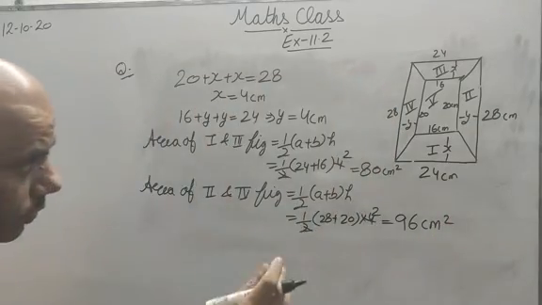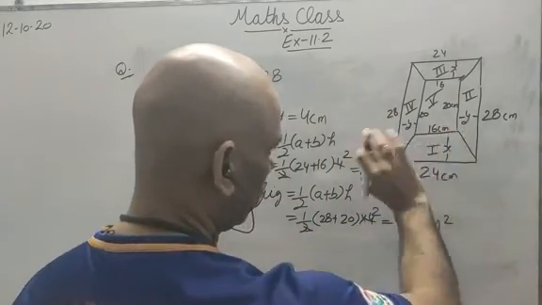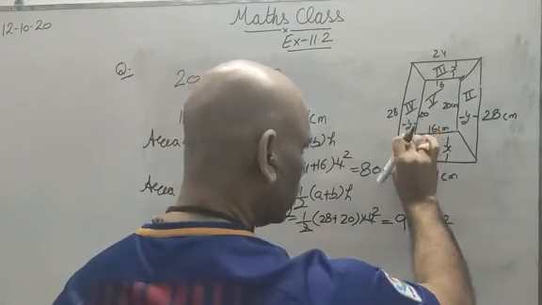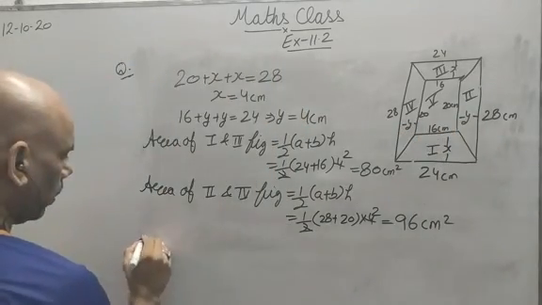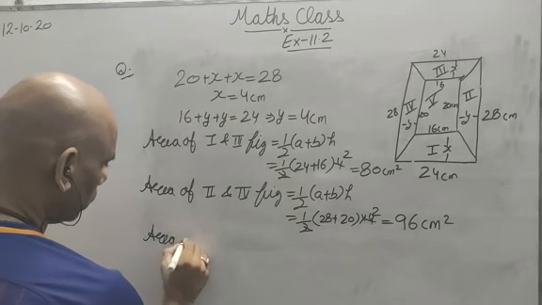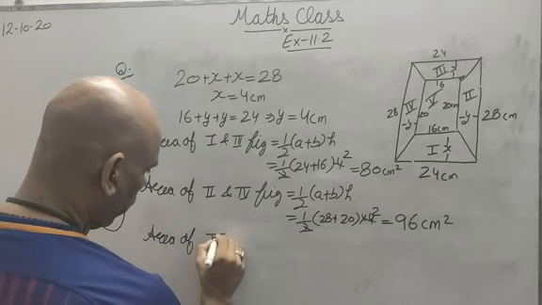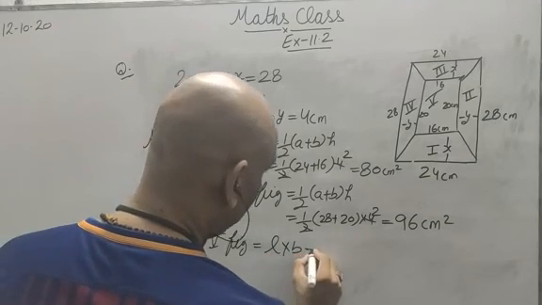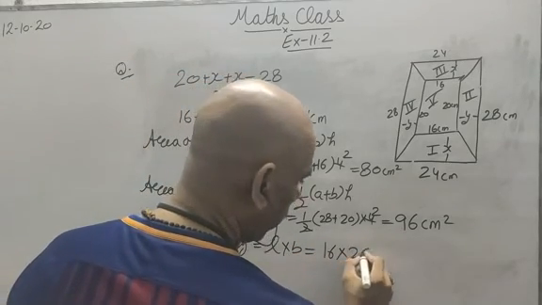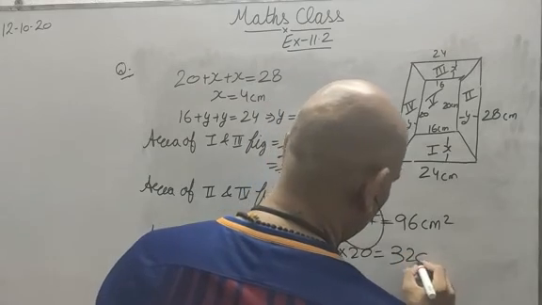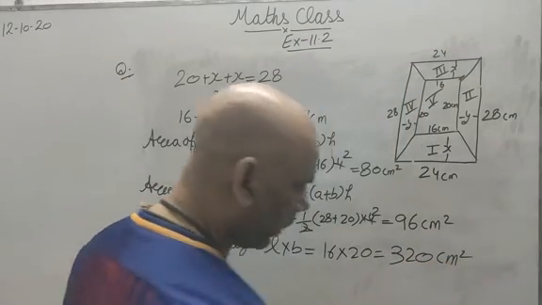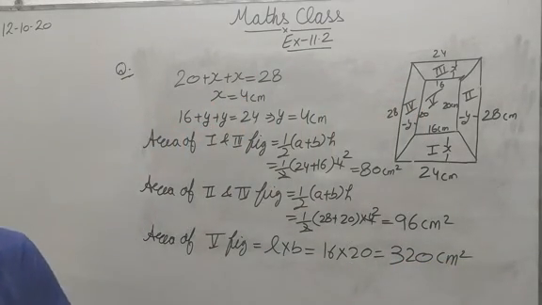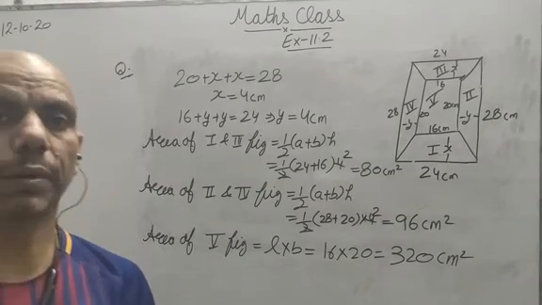So the area of this portion and this portion, both of them are 96. Now area of fifth figure, that is a rectangle, length into breadth 16 into 20, 320 centimeters square. So this way, this exercise is complete.